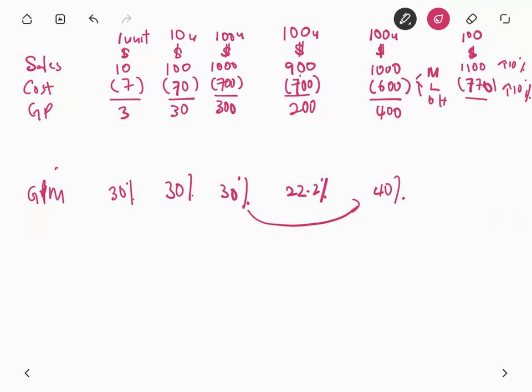So 330. What is my margin? 30%. So if my cost increased by 10% and my selling price increased by the same percentage, my margin will be maintained.